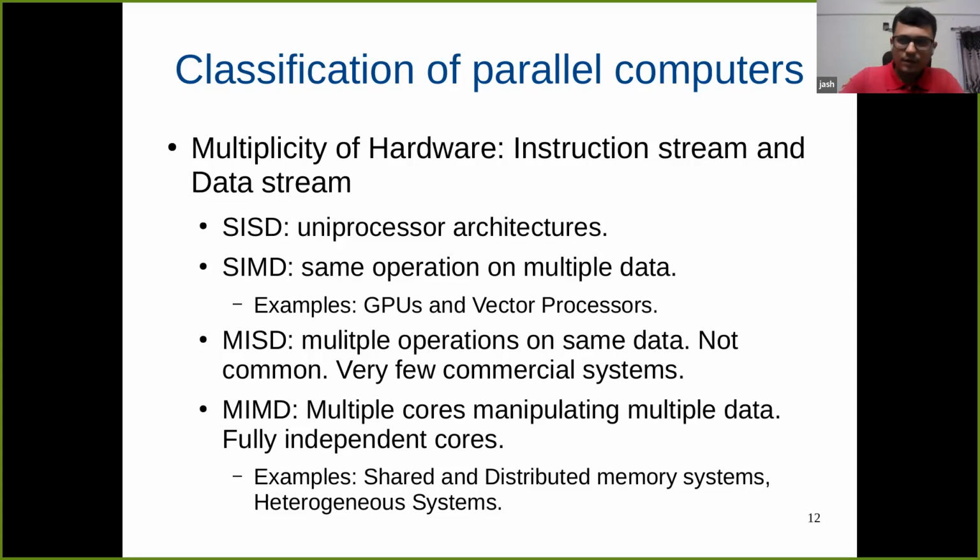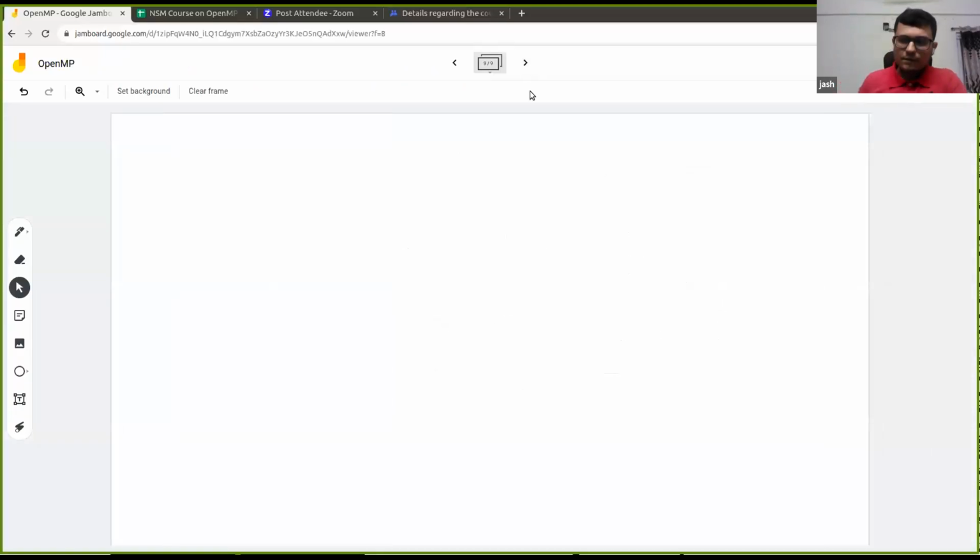So let us look at the whiteboard now. Based on Flynn's taxonomy, parallel systems are divided into 4 parts based on instruction stream and data stream multiplicity.